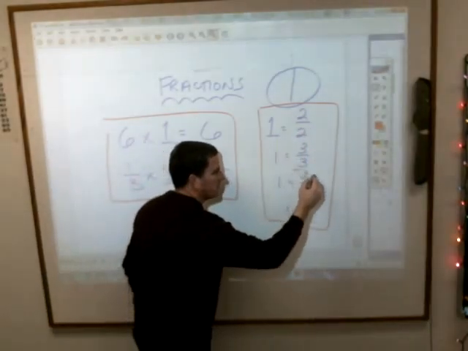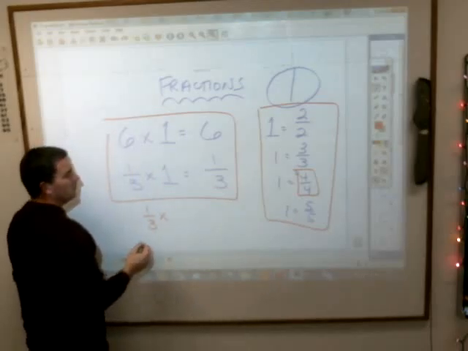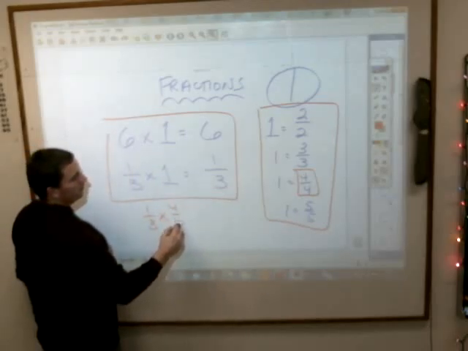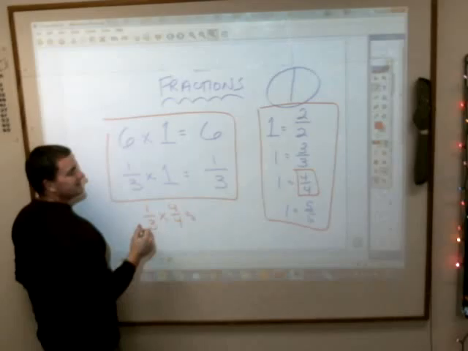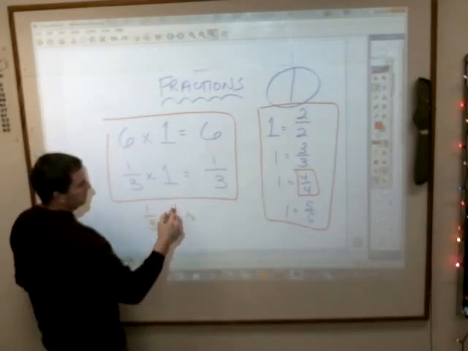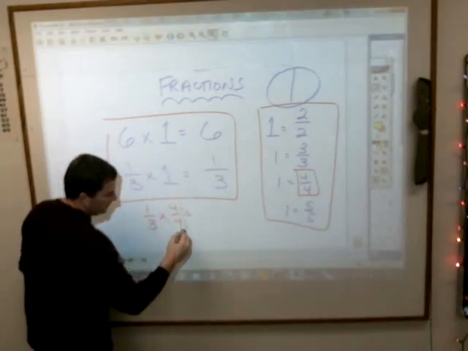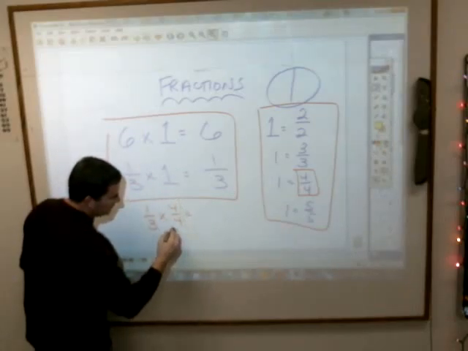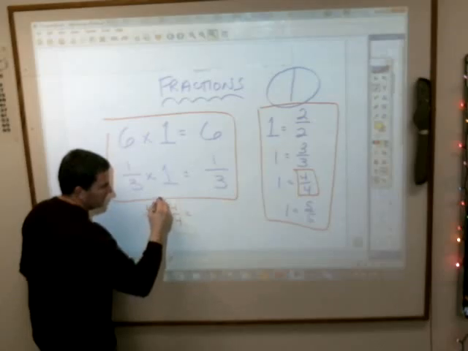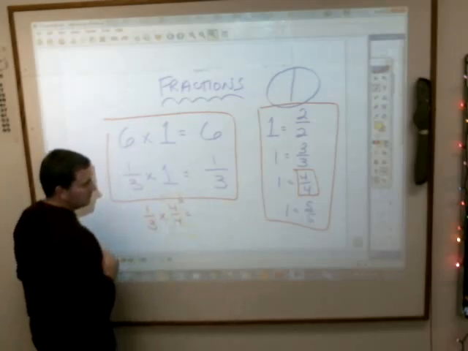For example, let's pick 4/4. If I take 1/3 and multiply it by 4/4, the book will actually be really clever and put the 4/4 inside the body of a 1 to get you to understand that this is the same thing as a 1.